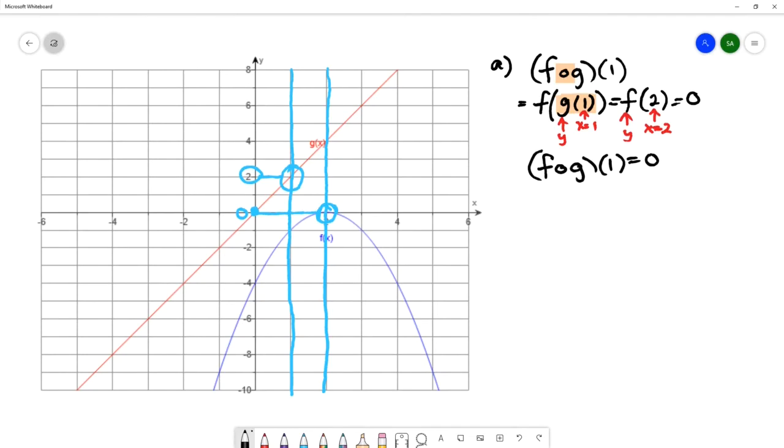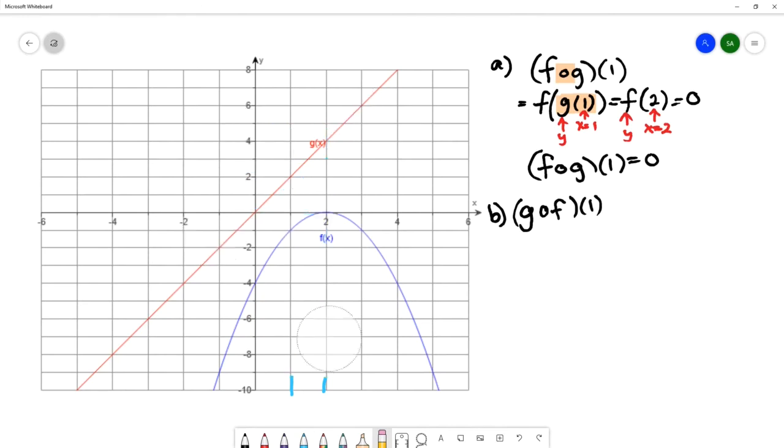I have another one for us to try. So this will be part B, where we're looking for g composed with f of 1. Let me erase the markings that I had before so we don't get confused by all this notation. And once again, we're using that operation of composition.